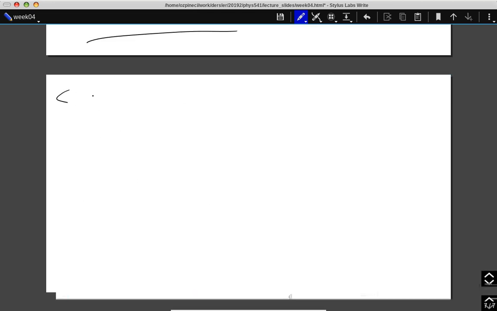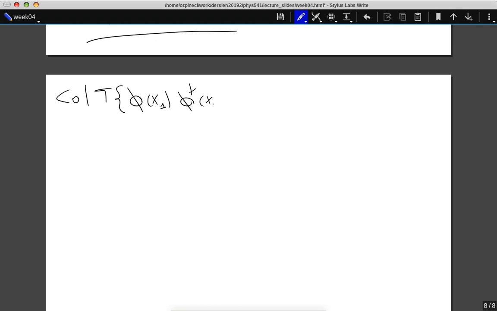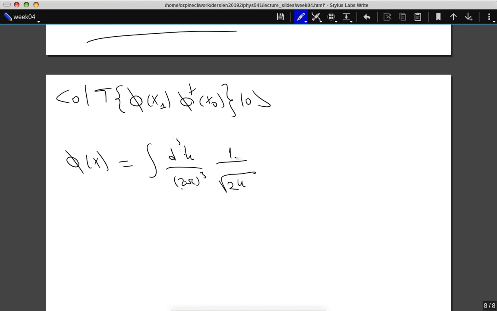So let's look at phi of x1, phi dagger of x0. I switched to the 4-dimensional notation, that's why I'm not writing the time explicitly here. Well, we had already calculated phi of x. If you remember the expression, it was the integral d cubed k divided by 2 pi cubed, 1 over square root of twice omega k.